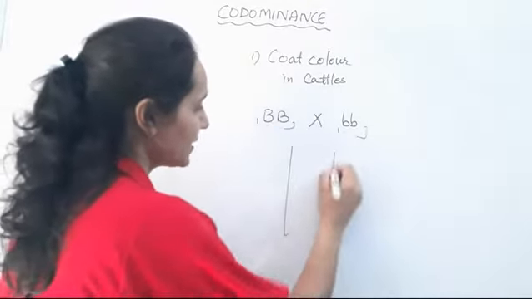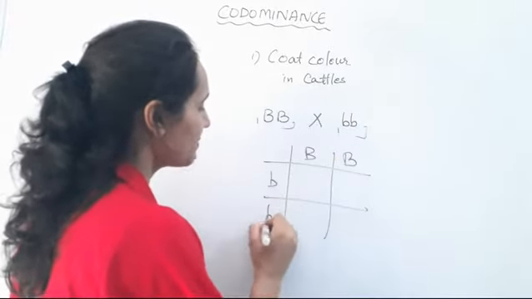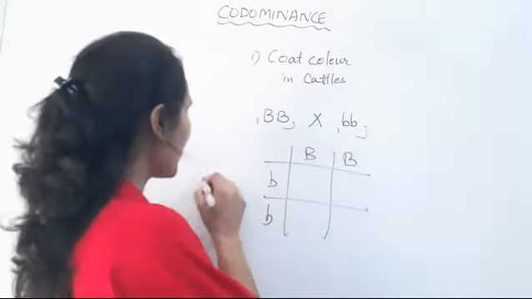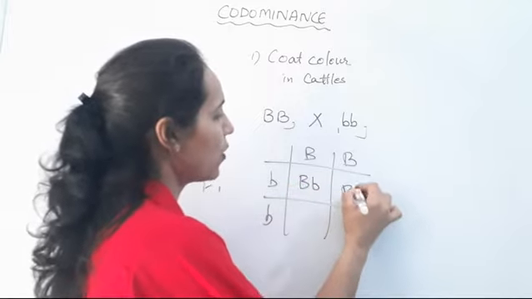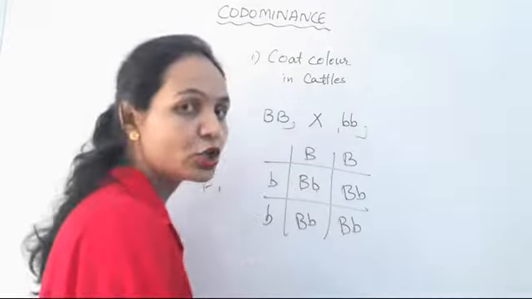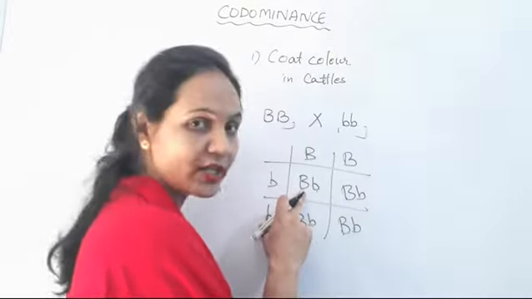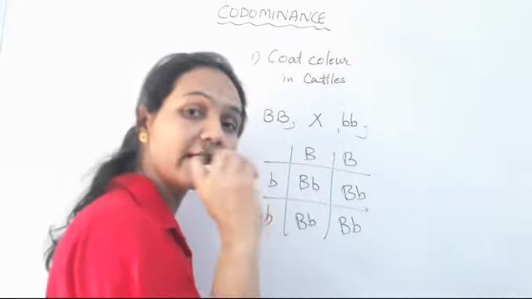So we'll draw a Punnett square. We will cross the dominant trait, black coloration, with the recessive trait. In the F1 generation, we are getting all capital B and small b. Here you can see that the dominant gene is present, the recessive gene is present, and they both express equally.